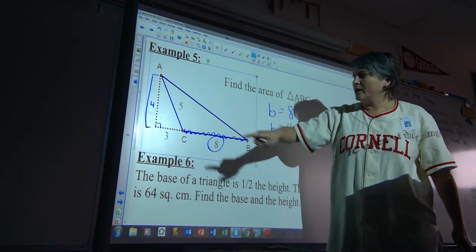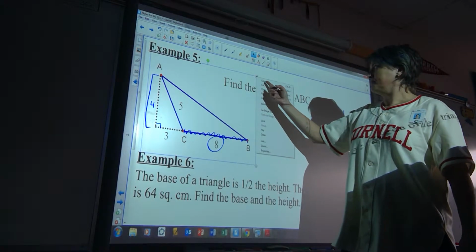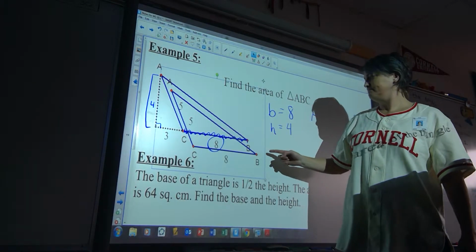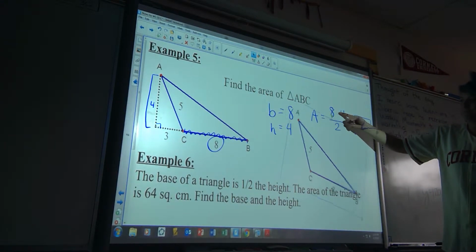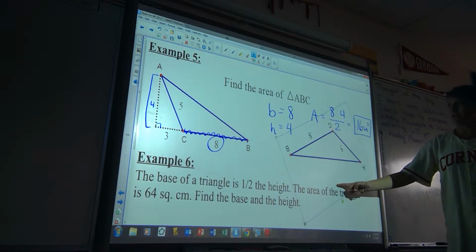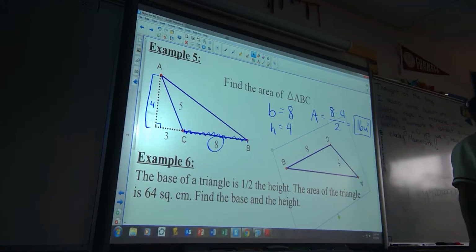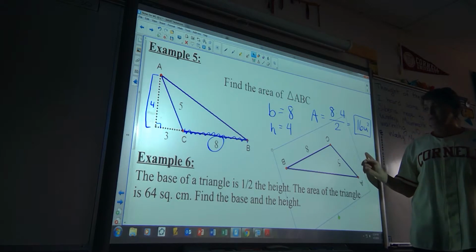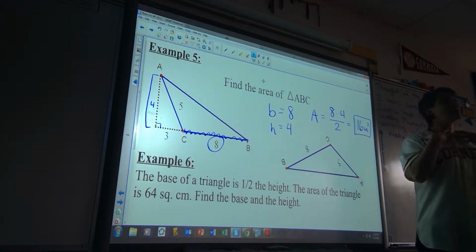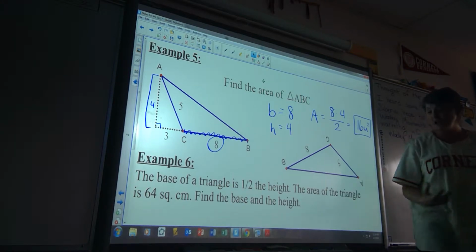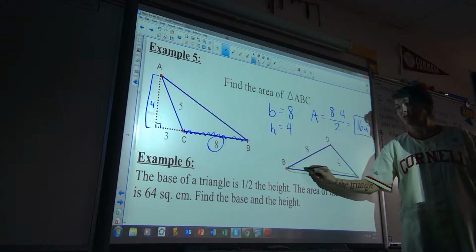Now, what I want to show you here is that sometimes this may be like this. Like maybe it's typed on your page like that. And if it's kind of given to you like this, your natural inclination is going to be to use this as your base.